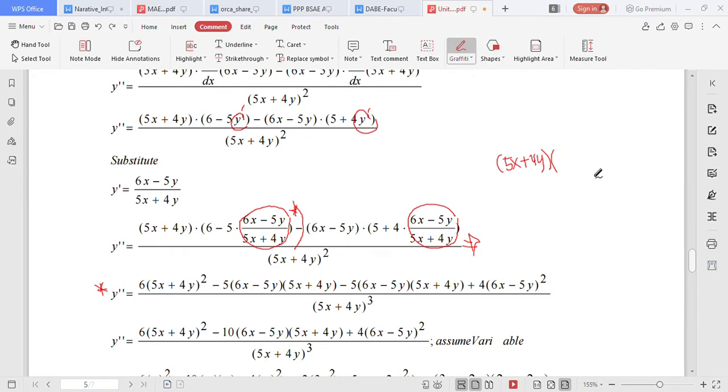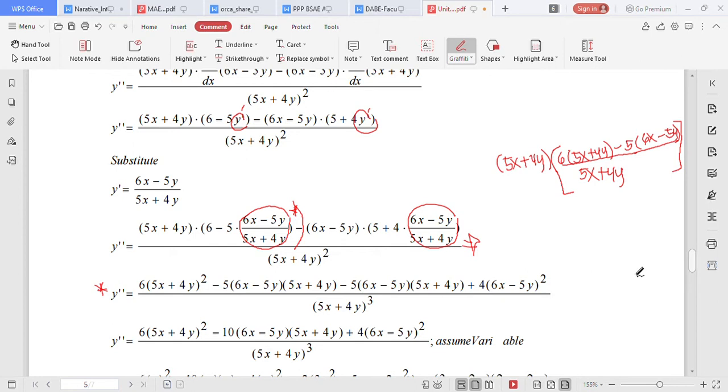We can get here the least common denominator. So if we have 5x plus 4y, we combine those two terms, and we will have here 6 times 5x plus 4y minus 5 times 6x minus 5y.